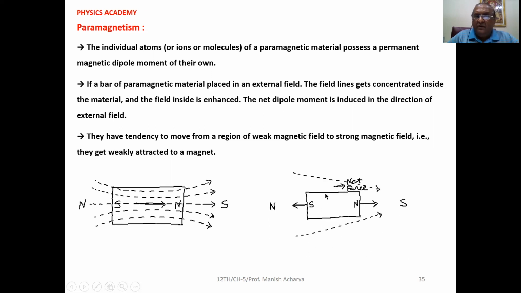Therefore, when we think about the non-uniform magnetic field, these poles will experience attractive force, and the attractive force towards the strong magnetic field region will be dominant. Therefore, the tendency of this particular sample is to move towards the strong magnetic field region. Clear to all of you?